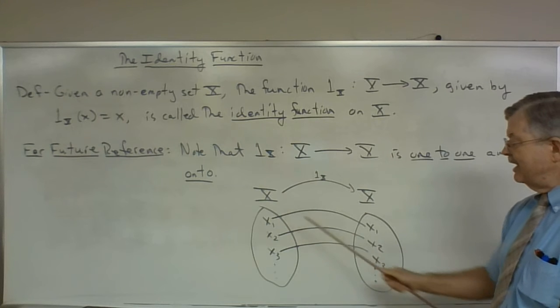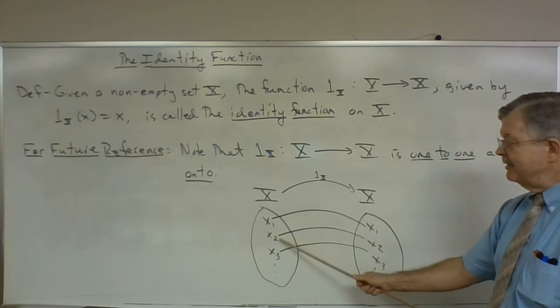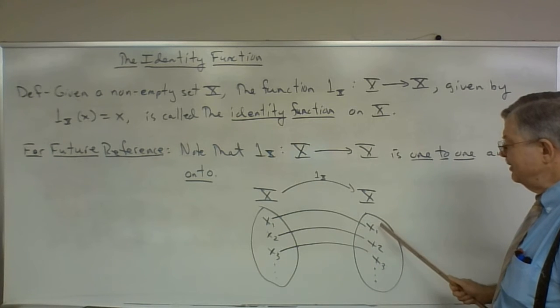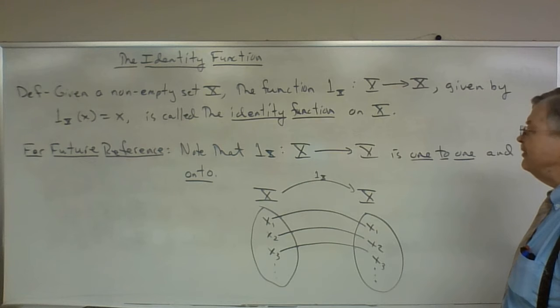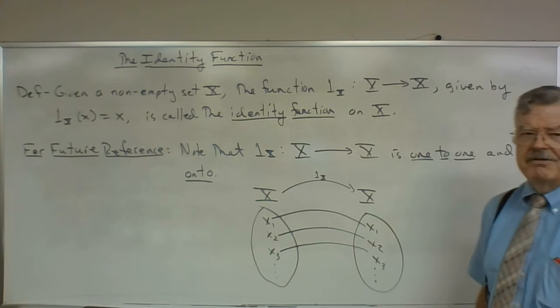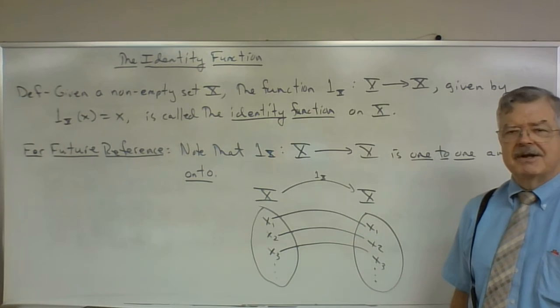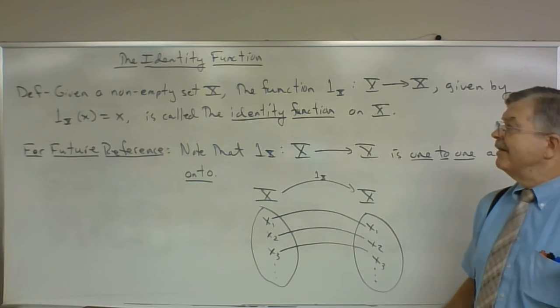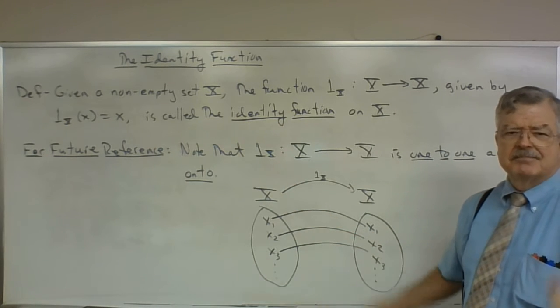No, because every element is assigned to itself. If we have two distinct elements over here, they're going to be assigned to the same two distinct elements over here. So the identity function is 1-to-1 and onto. And we'll remember that because when it comes to doing proofs, this will be a handy tool to have.